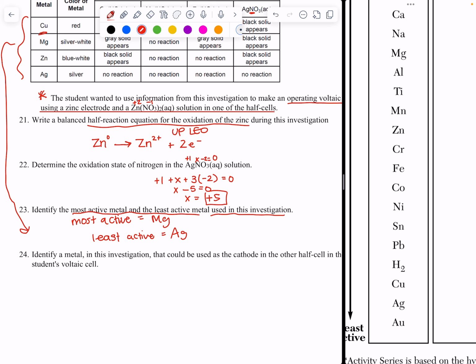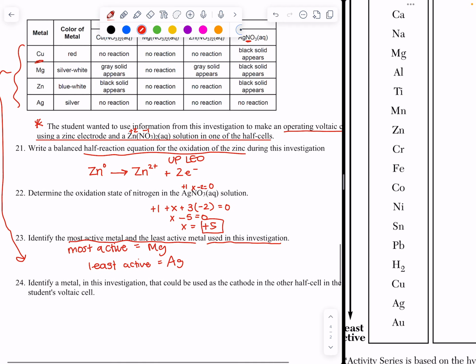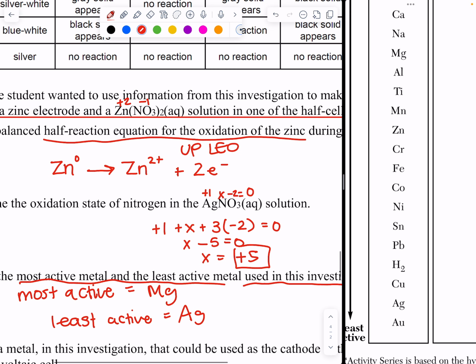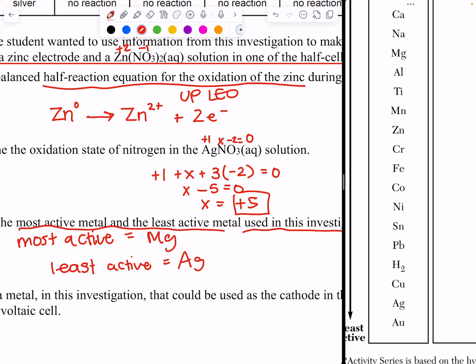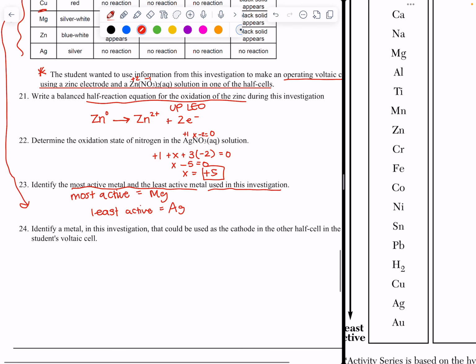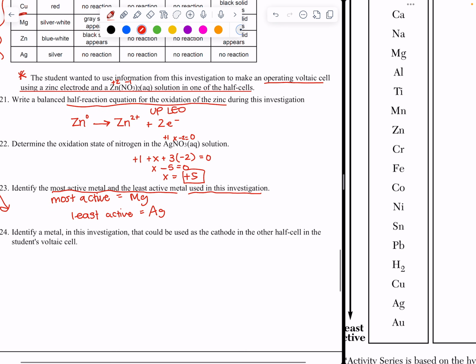Identify a metal in this investigation that could be used as the cathode in the other half cell the students will take. This question stumped a lot of people. What's going on here is that we were already told they're using a zinc electrode, and they want the one used as the cathode.